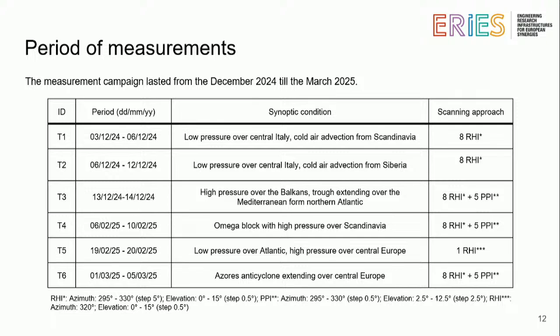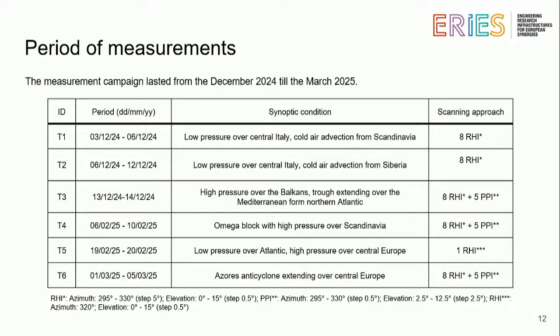Third event was due to a trough that came from northern Atlantic Ocean towards Mediterranean, and it was paired with high pressure over the Balkans. The fourth event was similar to the third one, but the high pressure was stronger, and it was over Scandinavia.